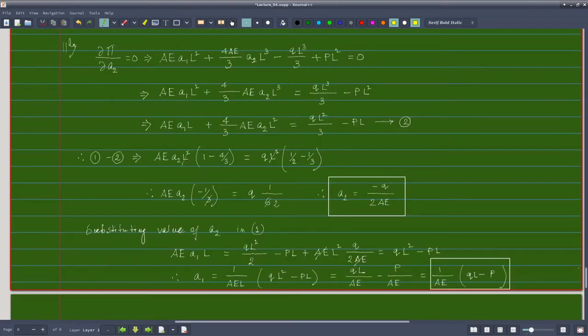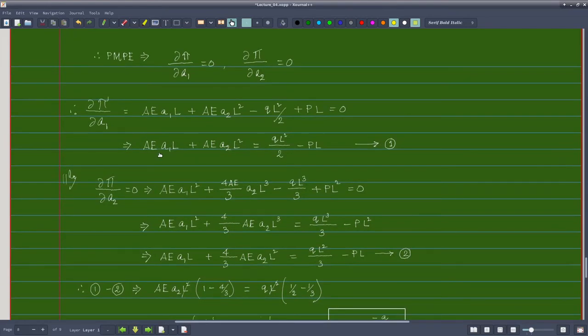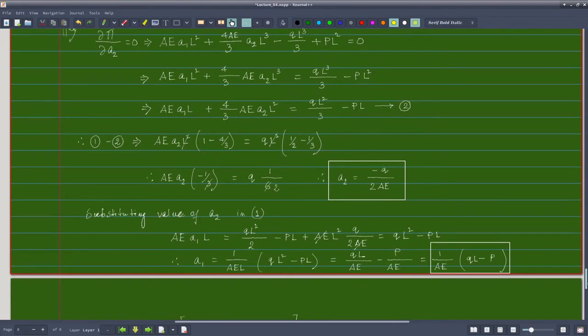Okay. Now this value of A2 we have got, which is minus Q by twice AE. Now let us put this value of A2 in equation 1. Equation 1 is this: AE A1L plus AE A2L square equal to QL square by 2 minus PL.